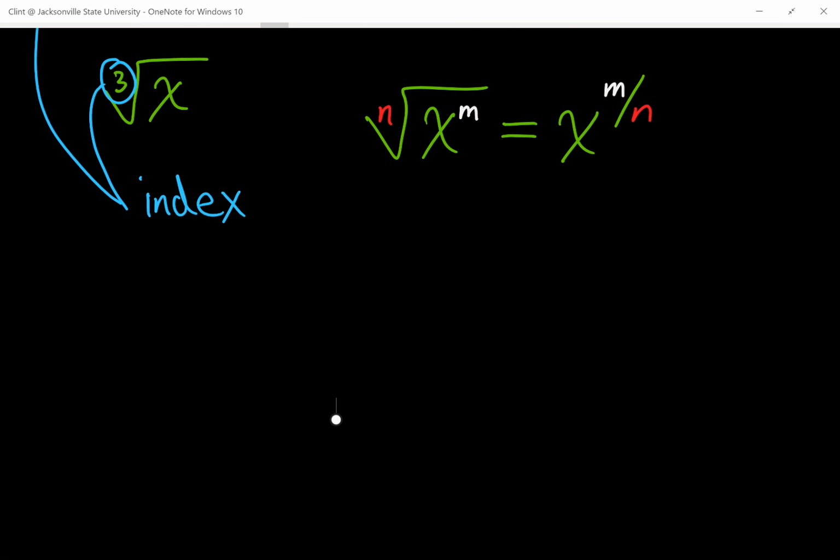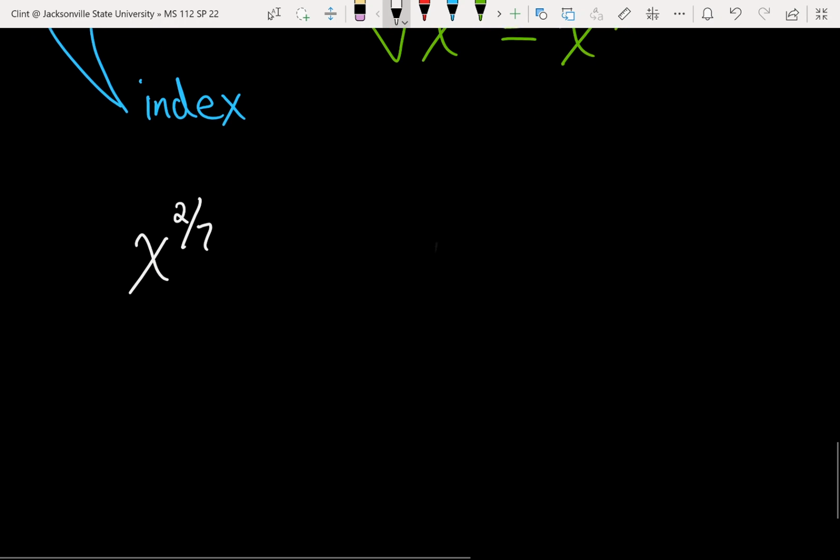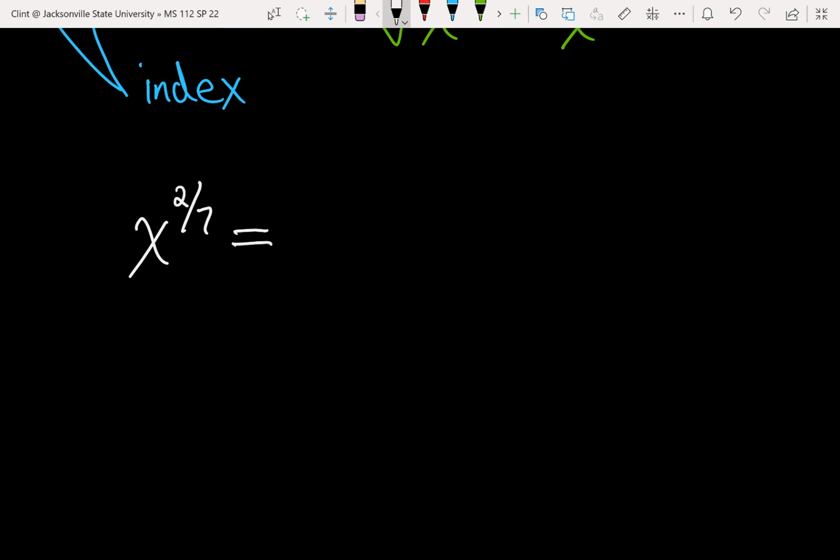So what if we go the other way? What if we had something like x to the 2/7 power? What if we want to write that in radical form? What would the index on our radical be? So now we're going to have a radical. It would be 7, yeah.